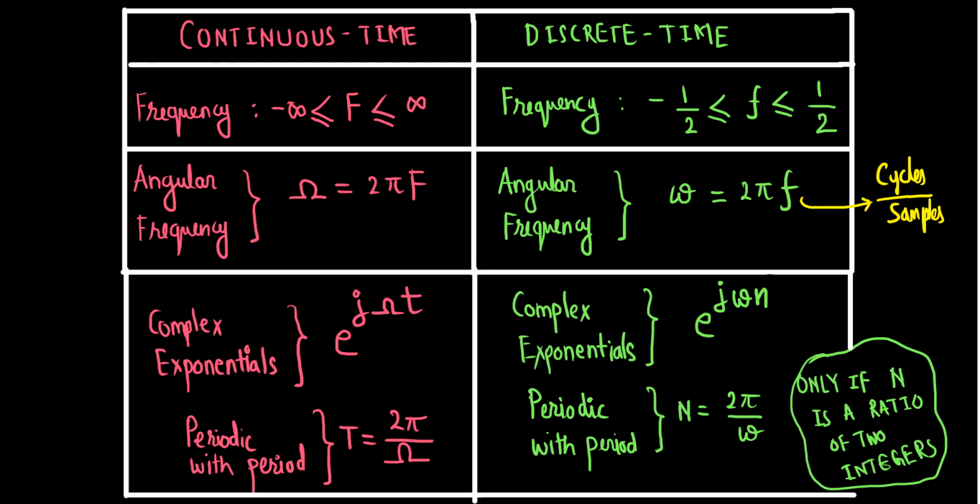Let's look at some examples in order to understand the periodicity of complex exponentials. Example: let's say we have x of t equals e to the power j pi t. The moment we see that this is a complex exponential, that too in the continuous time domain, we must conclude that this is going to be a periodic signal.